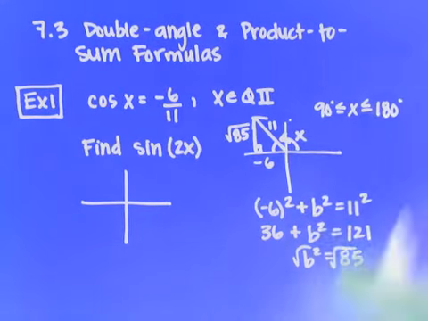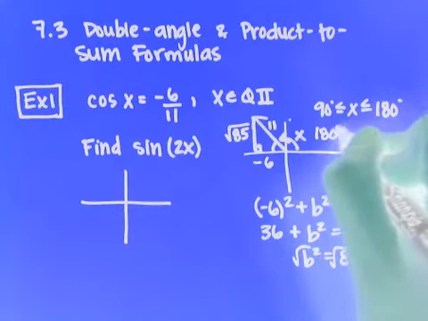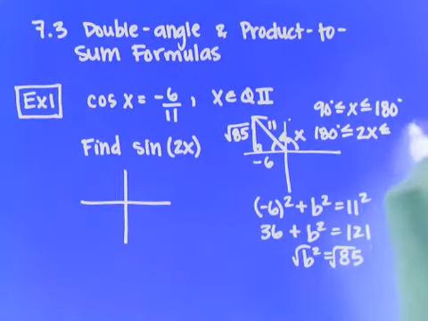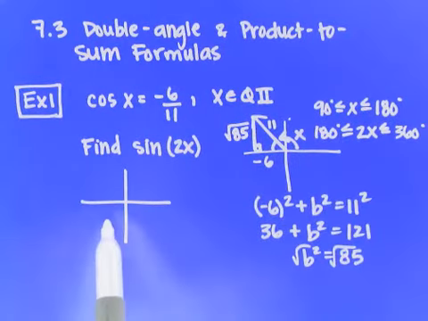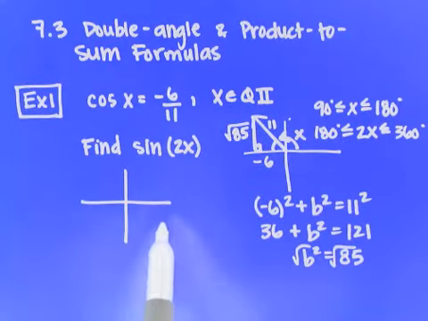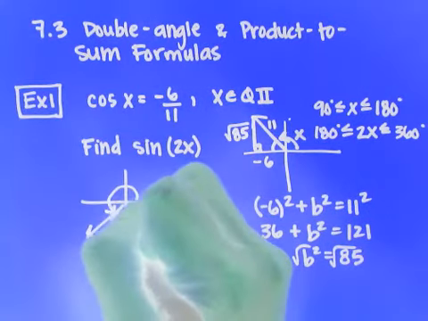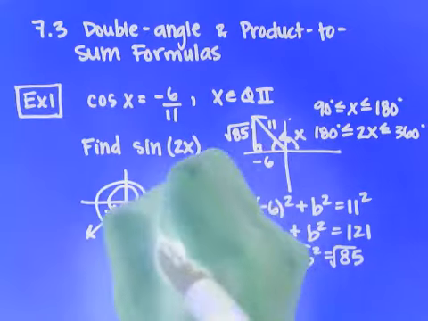So if I double it, I'm doubling the entire expression, or inequality. So I know that 2x must be somewhere between 180 degrees and 360 degrees. Now I know some of you are probably thinking right now, well, that's not very specific, because that's anywhere in quadrants 3 or 4. So my angle could end up somewhere in quadrant 3, or it could end up somewhere in quadrant 4, depending on just how big it is.